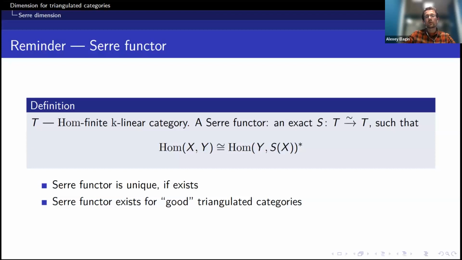And I would like to note that for triangulated categories that we call good, a Serre functor exists.